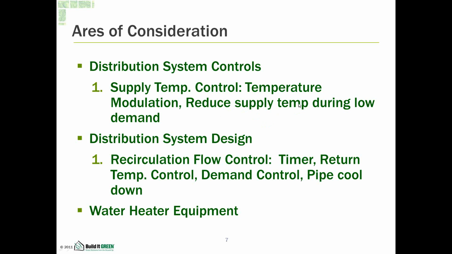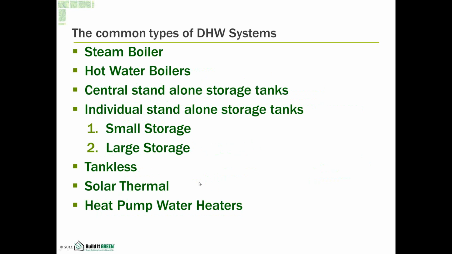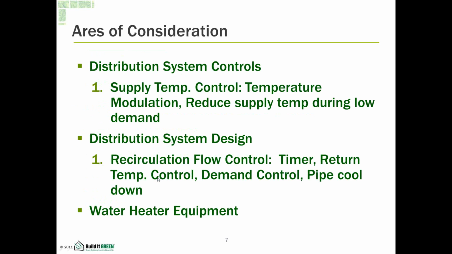See if there's a recirculation flow control or any type of flow control. Look for timers, return temperature controls, any kind of on-demand control. Also a good idea is to see if they have a system in place for pipe cool down. And you also want to look at the water heater equipment, which we already went into as the different types up here.